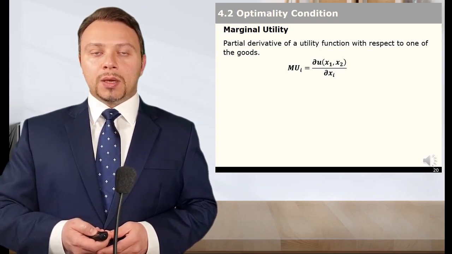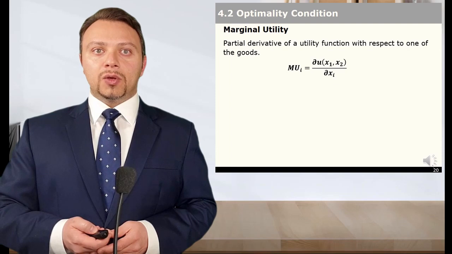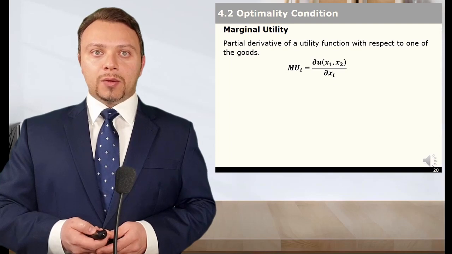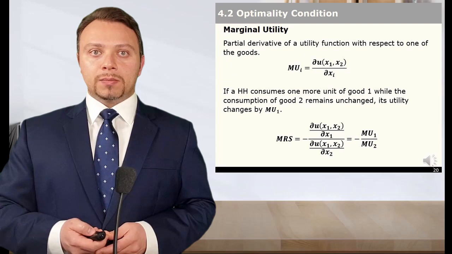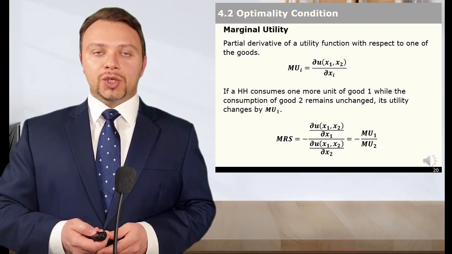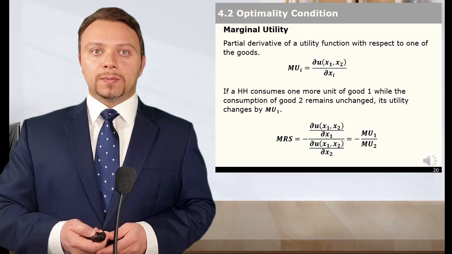It tells us by how much the utility will change if the amount of good i is increased while all the other amounts of the other goods remain the same. So the MRS is nothing else but the negative ratio of the two marginal utilities of the two goods.